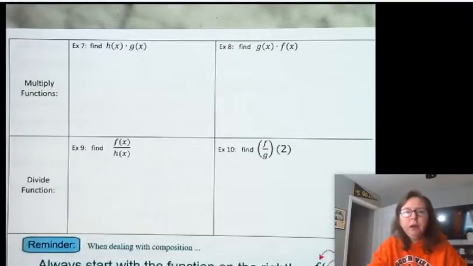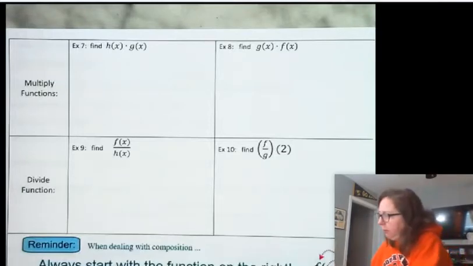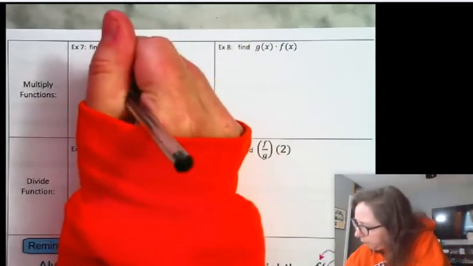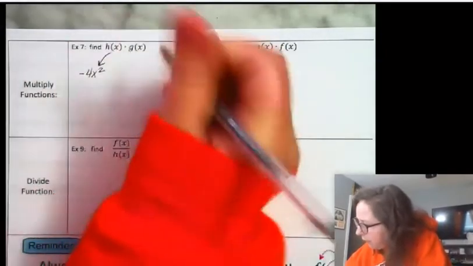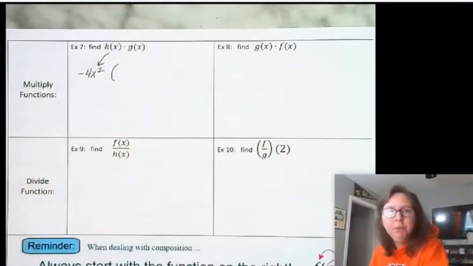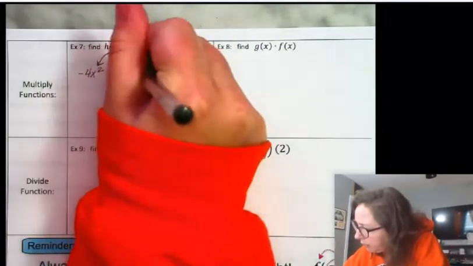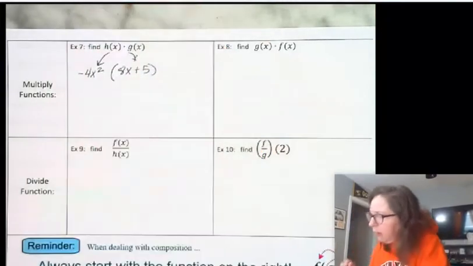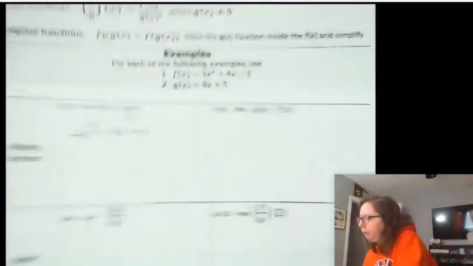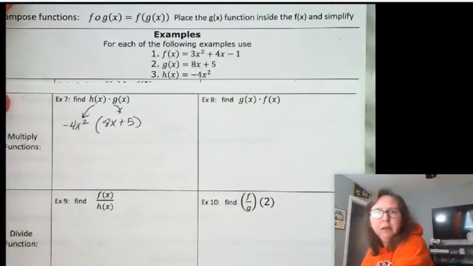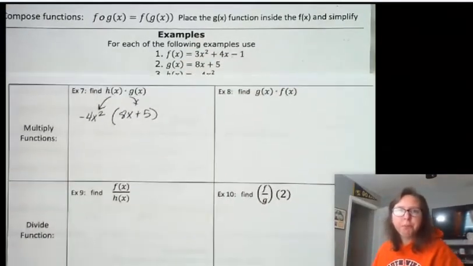Okay, so we are going to multiply h of x times g of x. So let me bring these down. H of x is negative 4x squared times, I'm going to go ahead and use a parenthesis, g of x is 8x plus 5. Again, just in case you're forgetting how I know what these are, I am still using these same functions from the first page of our notes.